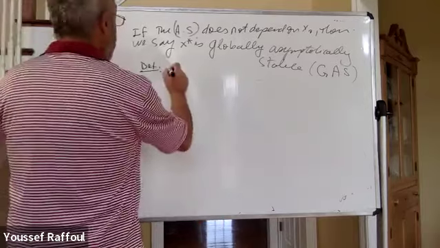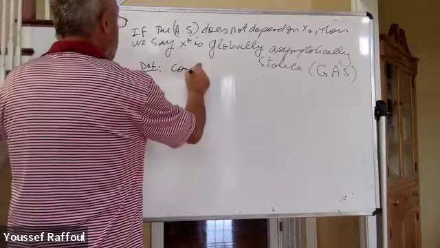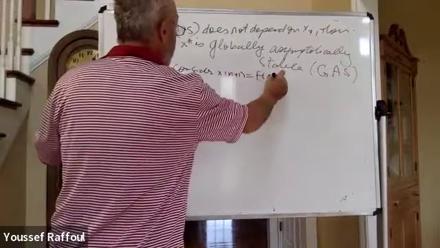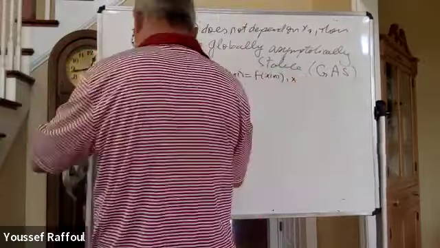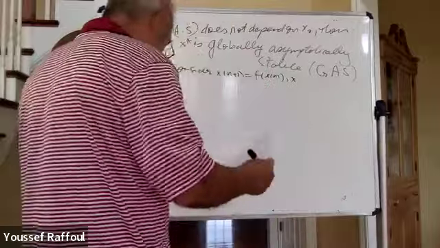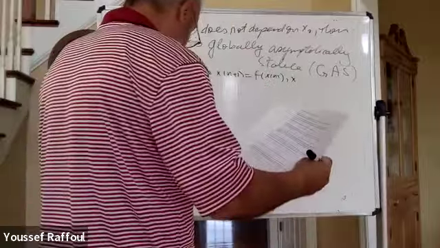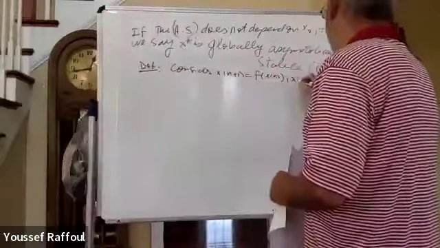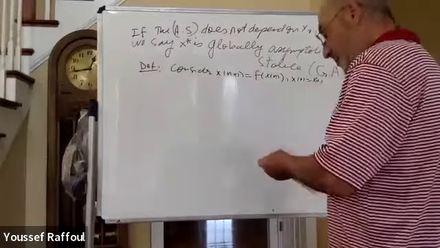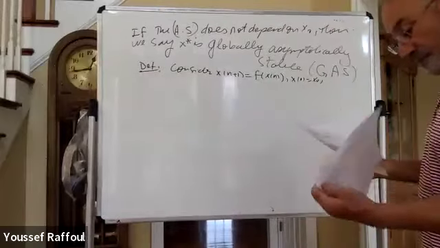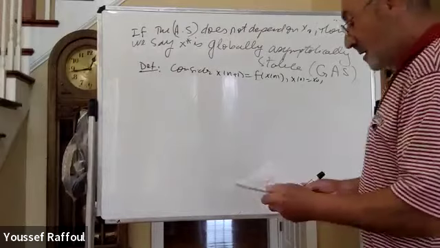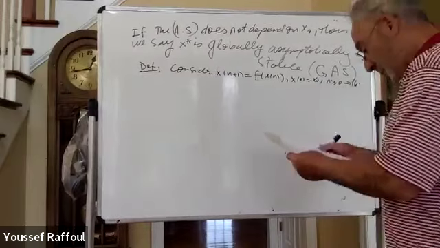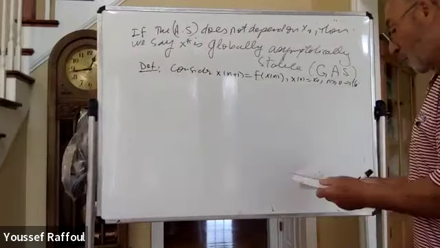So let's consider x(n+1) equal f of x(n), x(0) equal x naught, for n bigger or equal to 0, and this is 6.12.